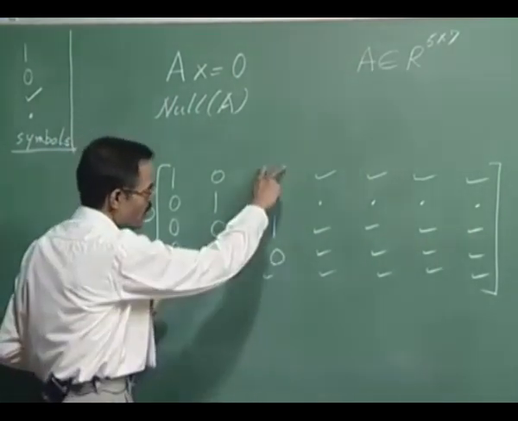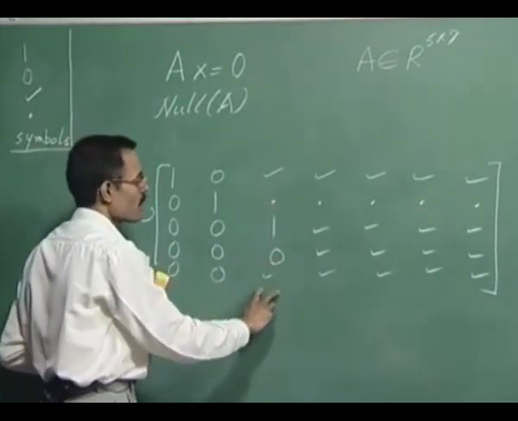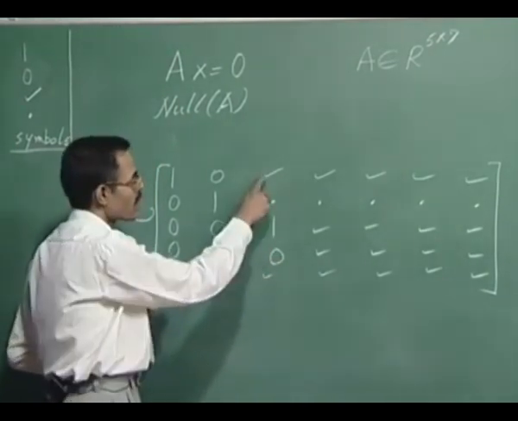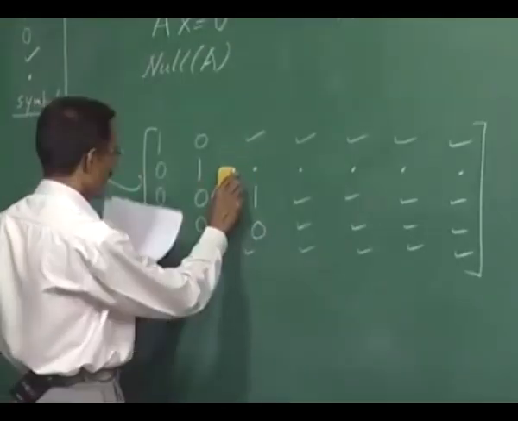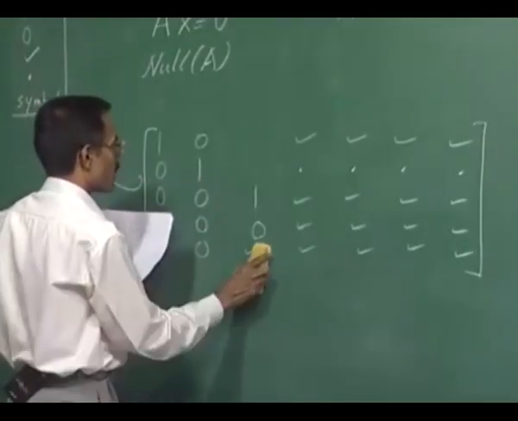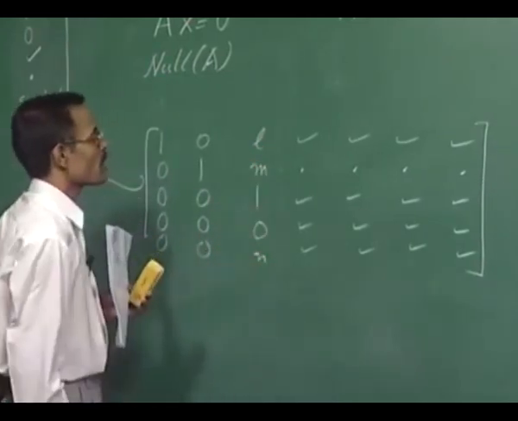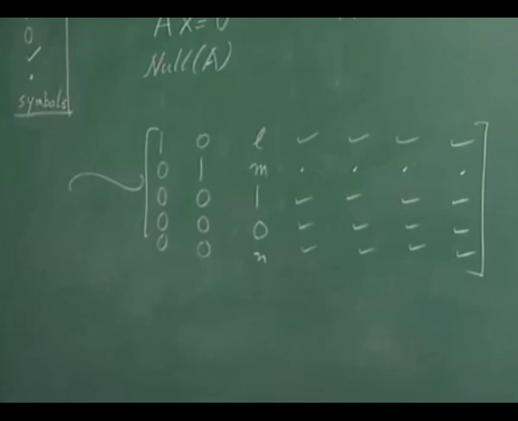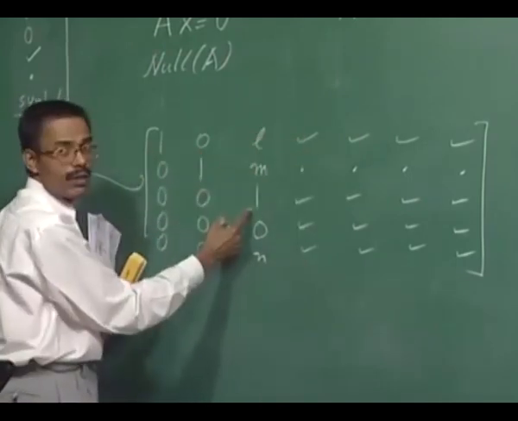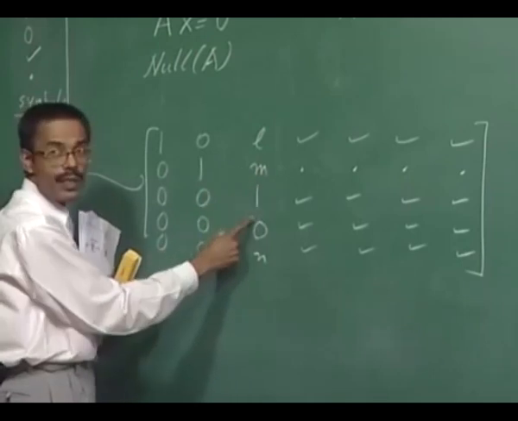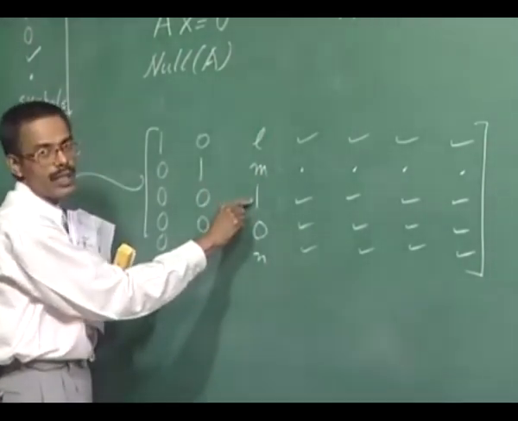Next, in this column, other than this 1, we want everything else to be 0. This fellow is already 0, the other 3 we want to be 0. So, what are these numbers, by the way? Suppose they are L, M, N currently. Then what do we do? We subtract from the first row L times the third row, subtract from the second row M times the third row, and subtract from the last row N times the third row.